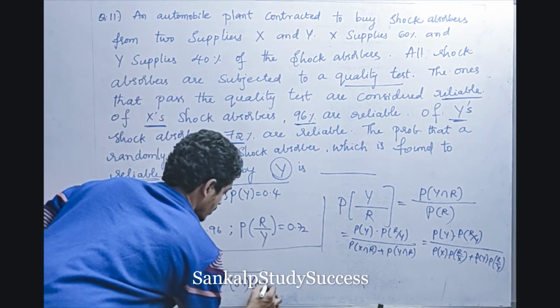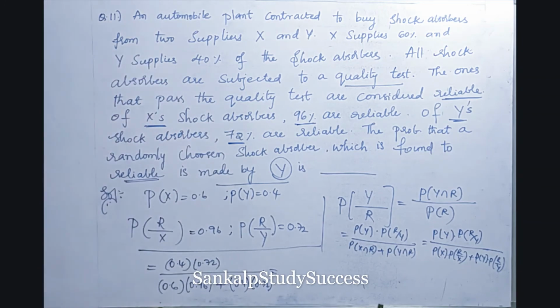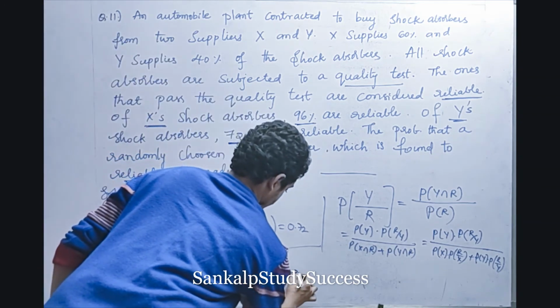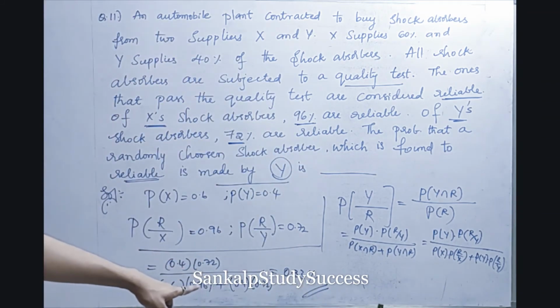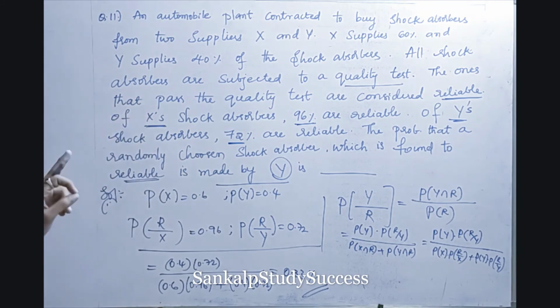By substituting this, you will get the value as 0.334. This is the final answer. So 33.4% is the reliable share made by Y. Okay, friends. So this is the process you need to understand in Bayes theorem.